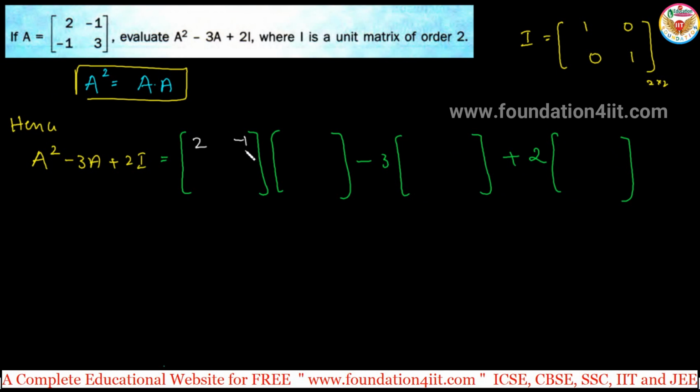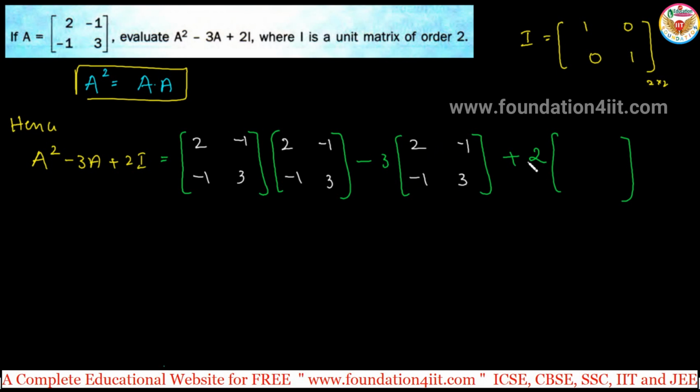Here A is 2, minus 1, minus 1, 3. Take the same matrix, 2, minus 1, minus 1, 3, multiplied again by 2, minus 1, minus 1, 3. I is 1 0 0 1, the identity matrix. You are already perfect with matrix multiplication.